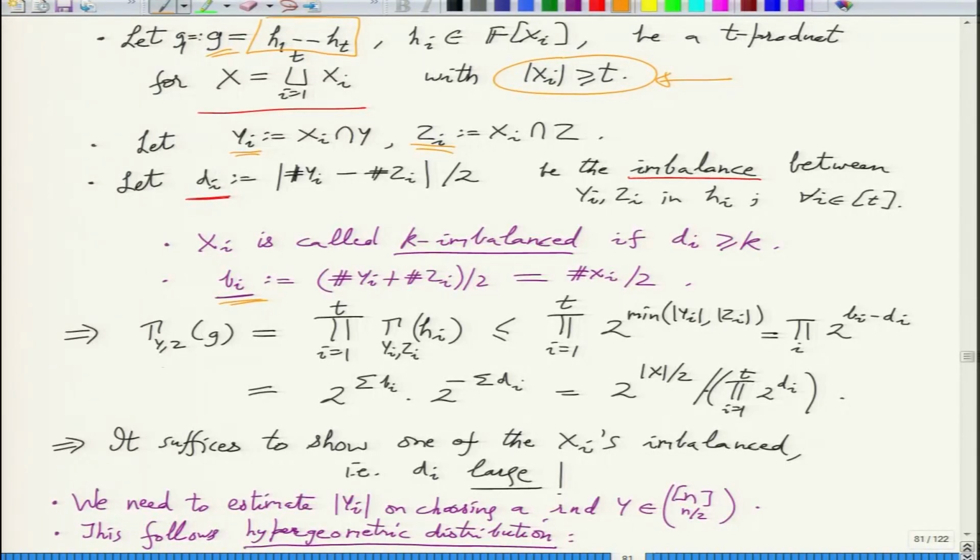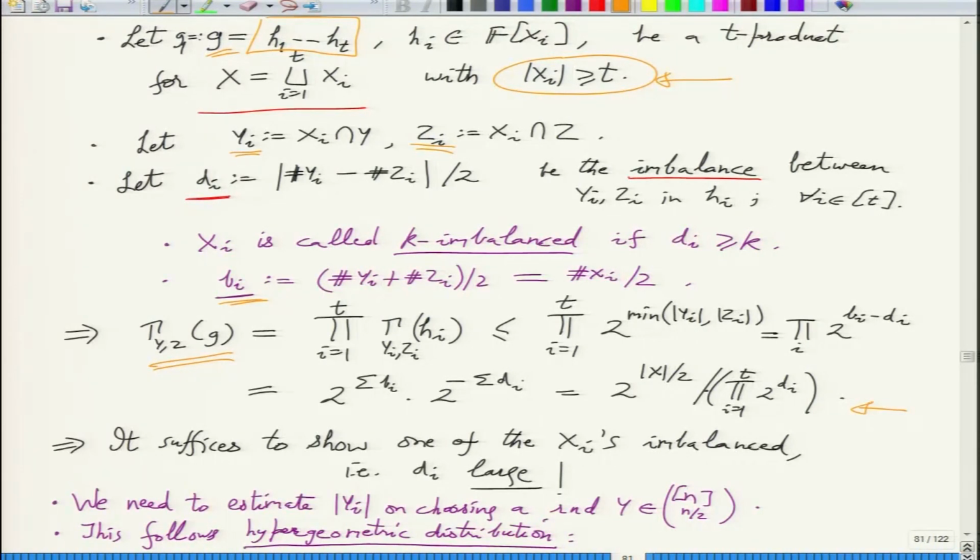So this calculation showed this simple upper bound, that the measure on G is the max measure divided by a product of 2 raised to the discrepancies. So basically the sum of the imbalances is what you get as negative in the exponent with n by 2.